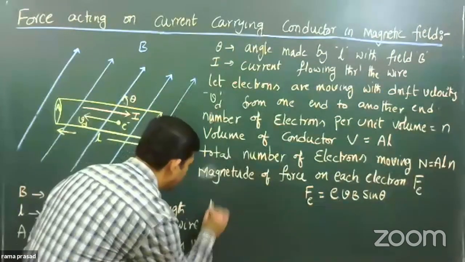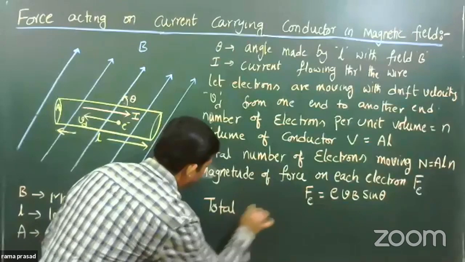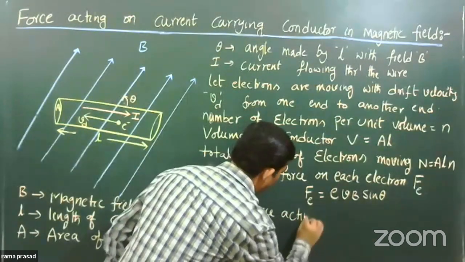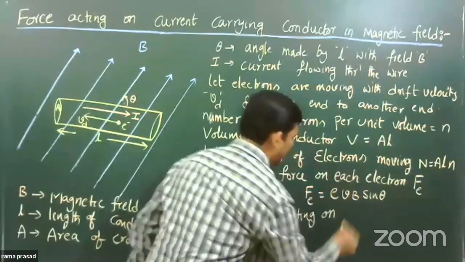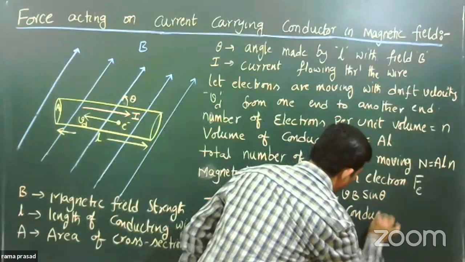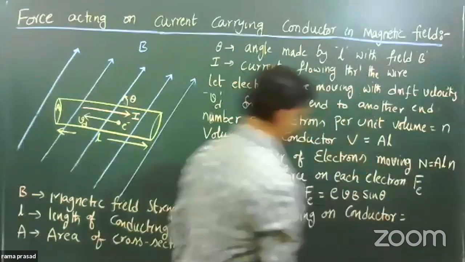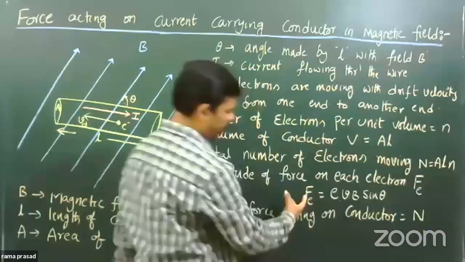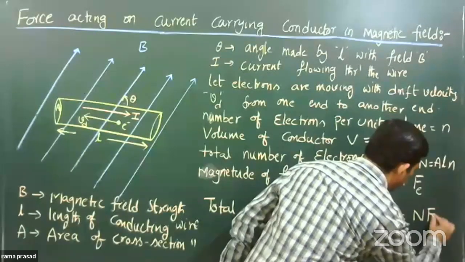See, now total force acting on conductor is total number of electrons into force on each electron.